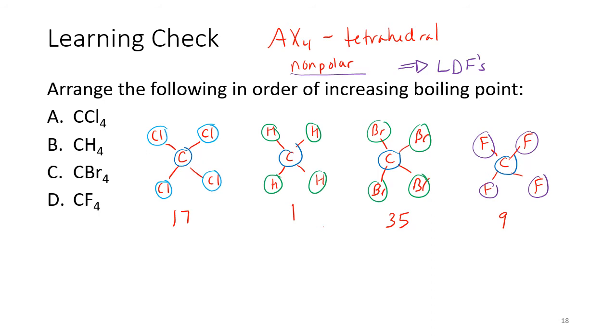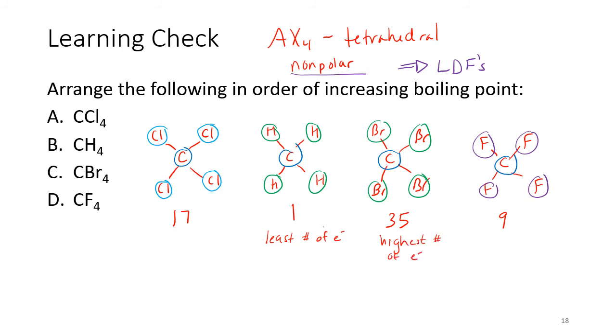But we're just trying to come up with a general trend. Since hydrogen would only bring 1 electron, this is going to be our smallest molecule and our least number of electrons. Bromine, on the other hand, each one would bring 35 electrons, so this is going to be our highest number of electrons.